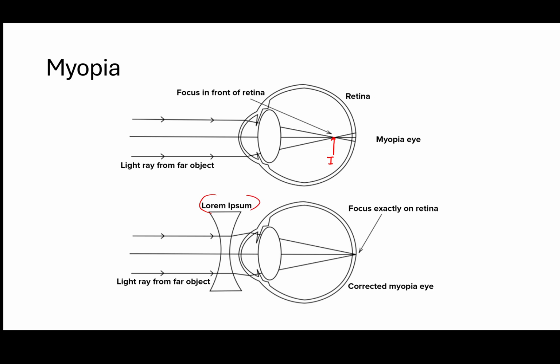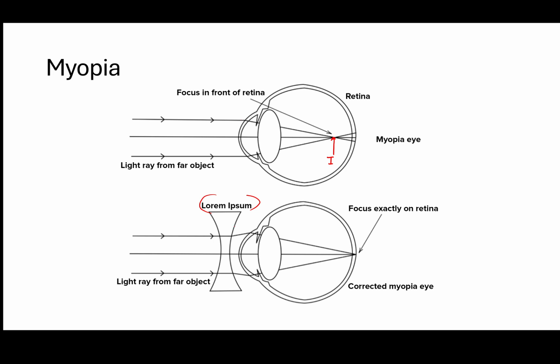What type of lens is this? Biconcave, and this is diverging. Basically, what is happening is that the rays of light are converging way before they reach the retina.